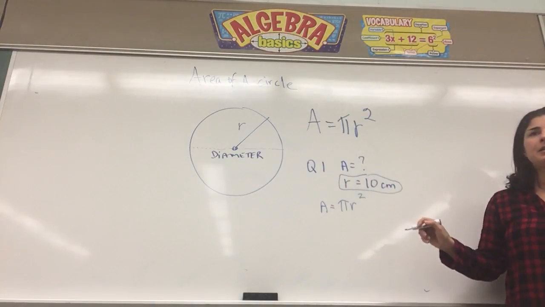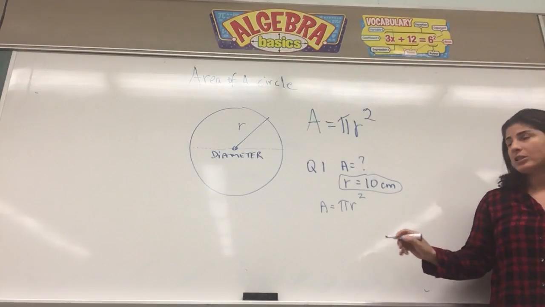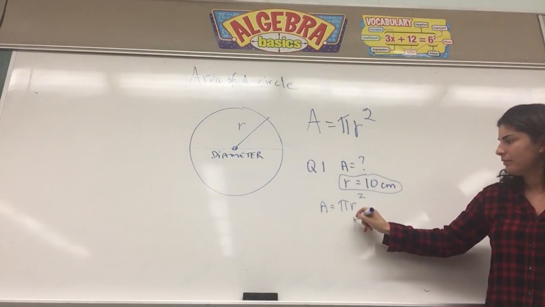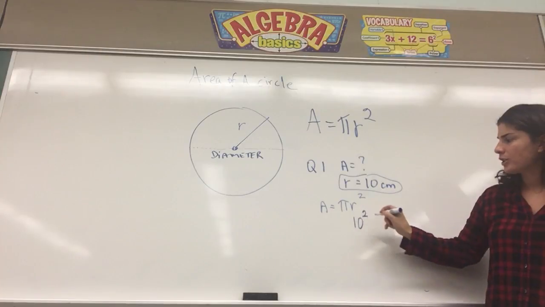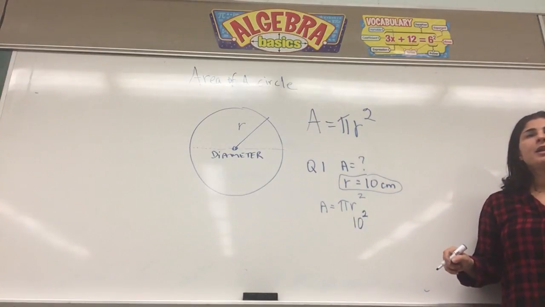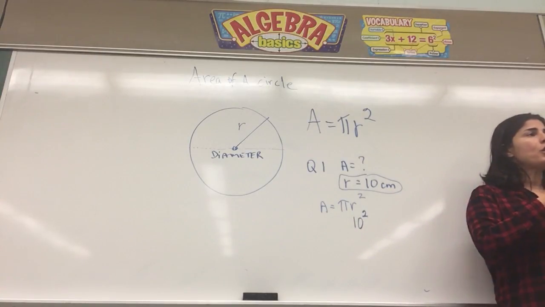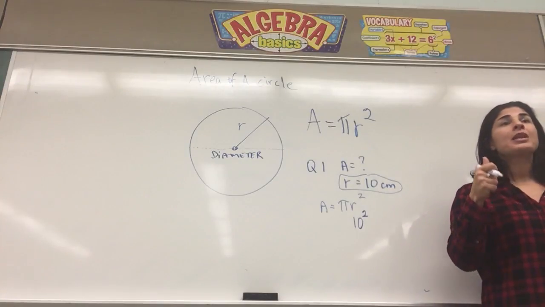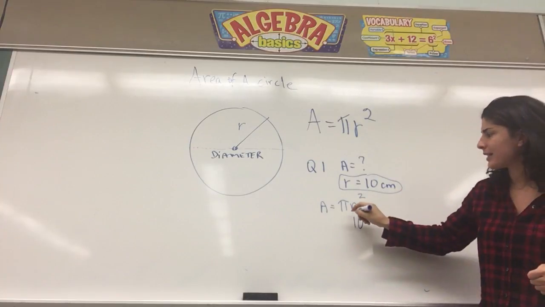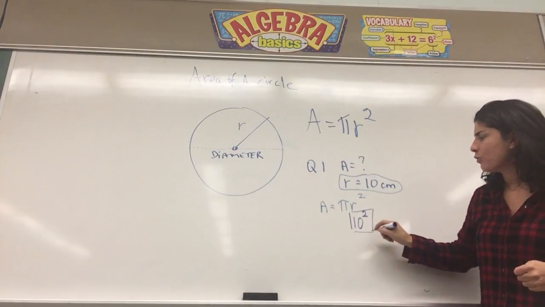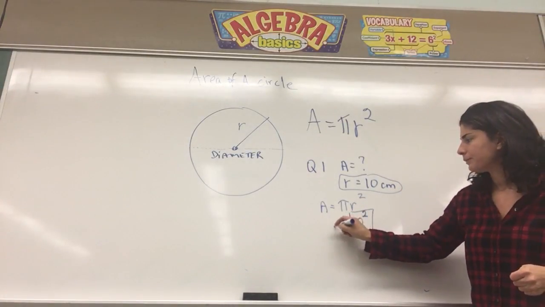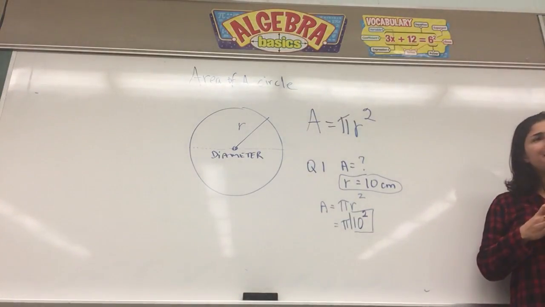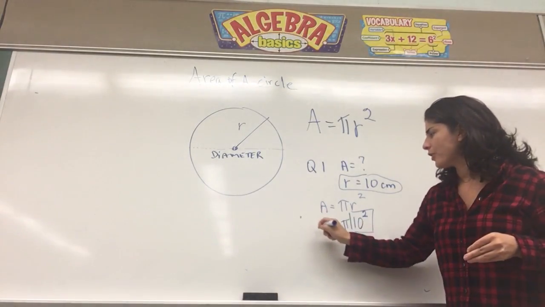Radius is 10. So I'm going to replace the radius by 10 and put a little 2 on top, which means squared. And by the way, if you know order of operations, what do you do first? Brackets, then exponents. So this has to be done before you multiply by pi. Once you get that, your answer will be your area.